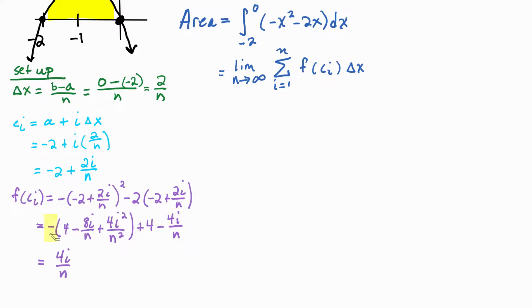And then this negative sign will distribute to the third term here, minus 4i squared over n squared. So now we have delta x, and then we've got c sub i, and now f of c sub i.